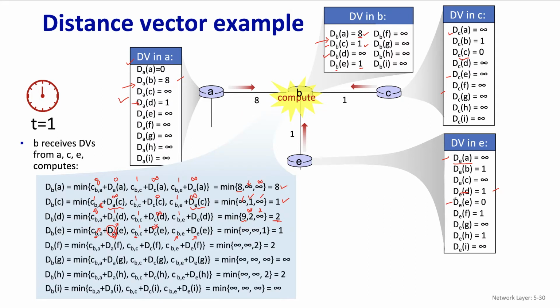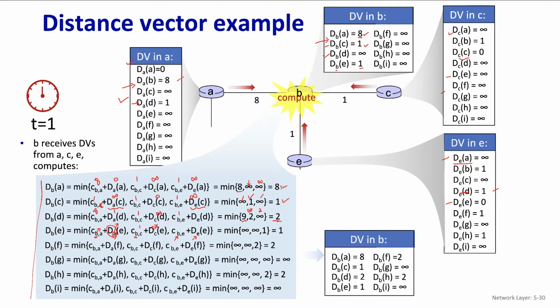So now, once you have done all these calculations and picked the values, we will update. This is your computation, and this is the result. As you can see, there are some changes between the table before the computation and the one after.